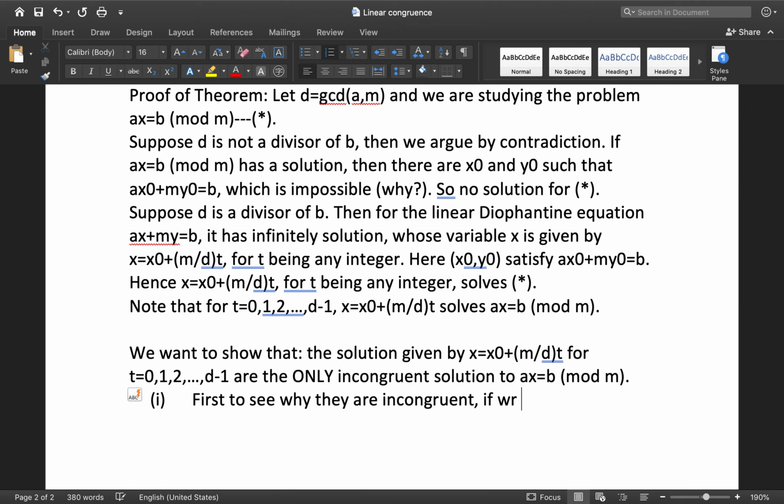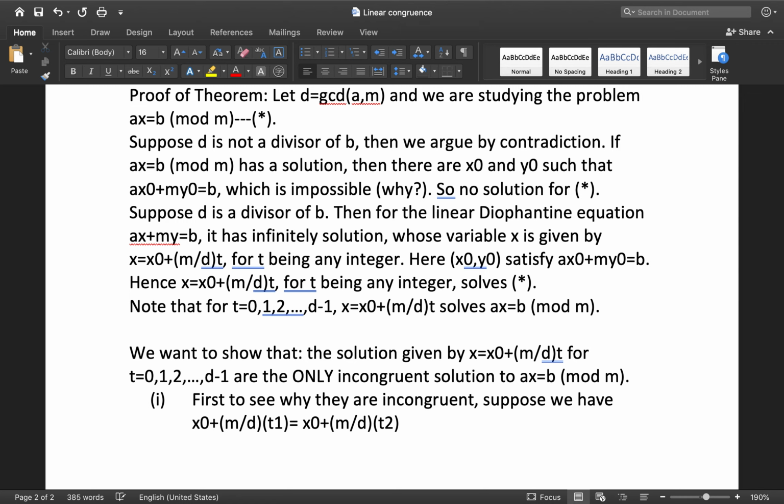Now, we sort of argue by contradiction. Suppose we have two members, say T1, just some member T1 that is congruent to another member, let's say T2.